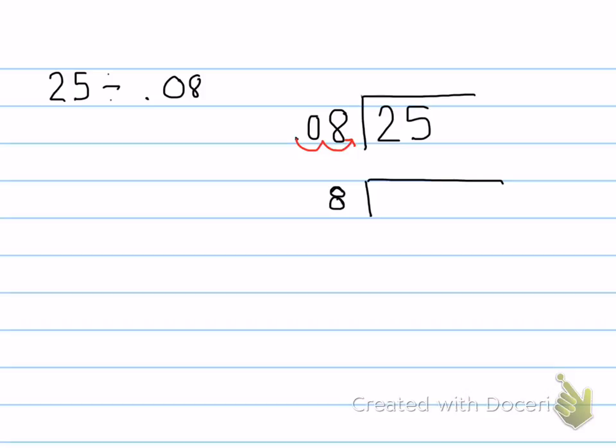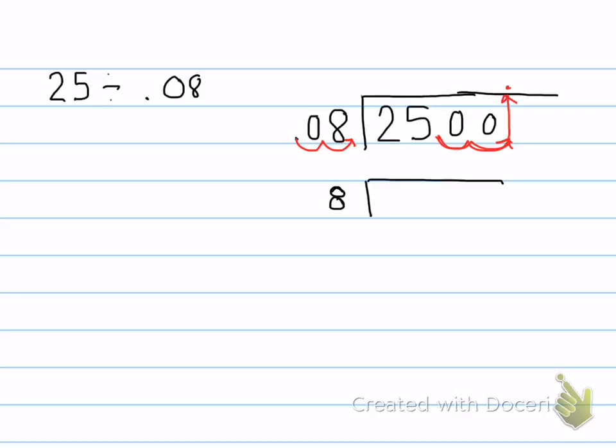But the problem is, where's the decimal? So remember, 25 is a whole number, so the decimal's at the end. So I'm going to swoopy 2 times to the right, but what do I put in the swoopies that have no numbers in them? You're going to put zeros in there. So I'm going to put a 0 here and a 0 here. And because I moved it 2 times over, my decimal goes straight up in that answer right there.